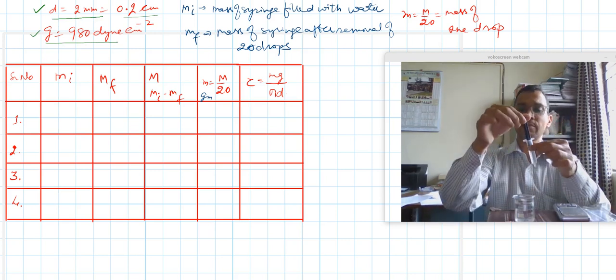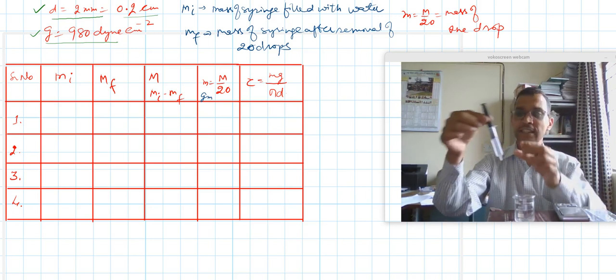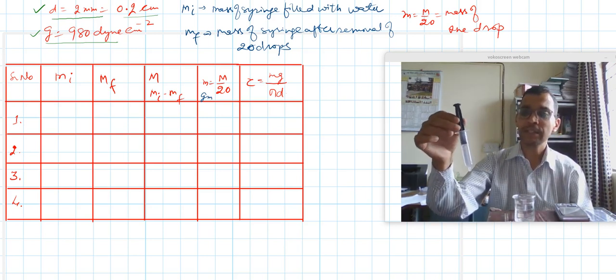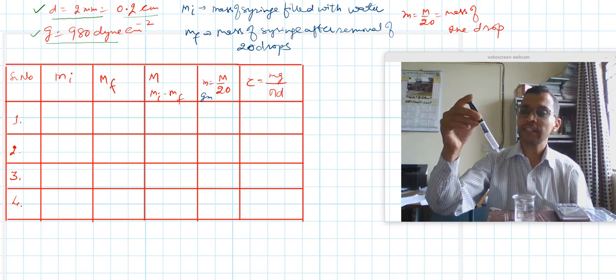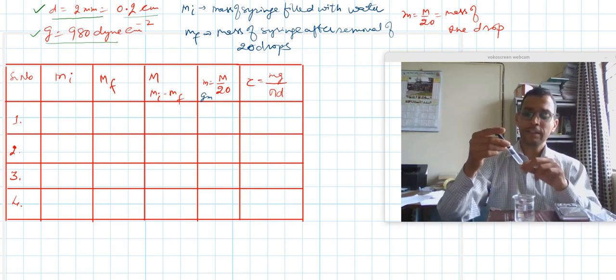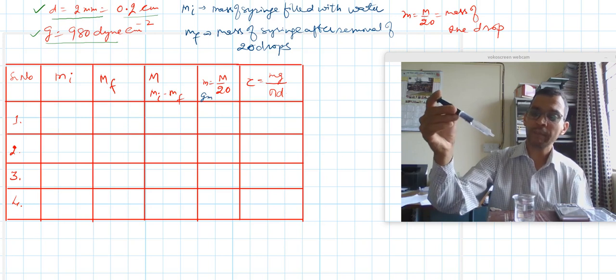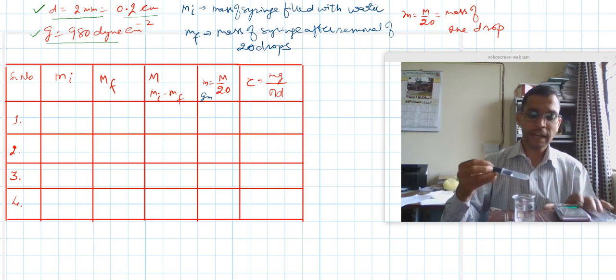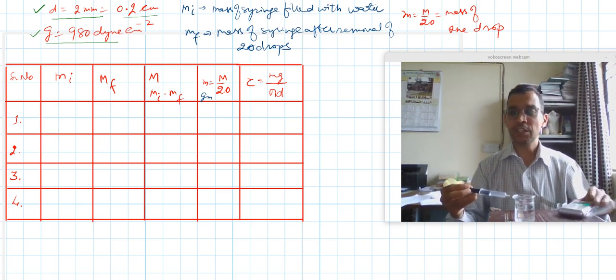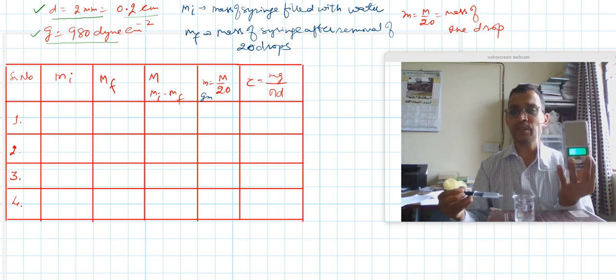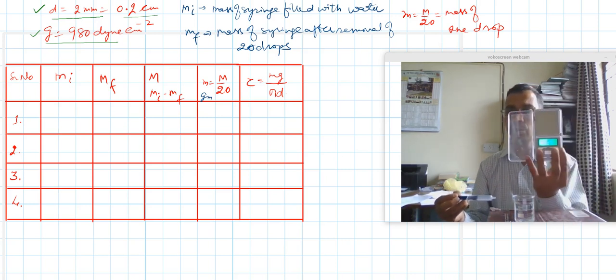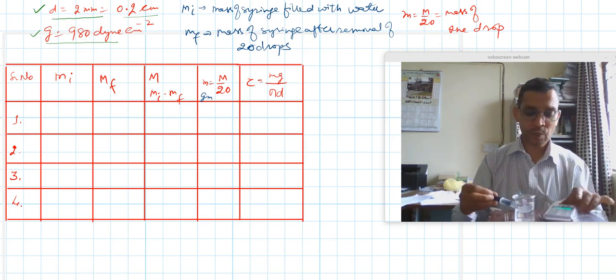First of all, I filled this syringe with water. I have taken a syringe of 5 ml, and its internal diameter is 2 mm. Now I have used this weighing machine to weigh it.